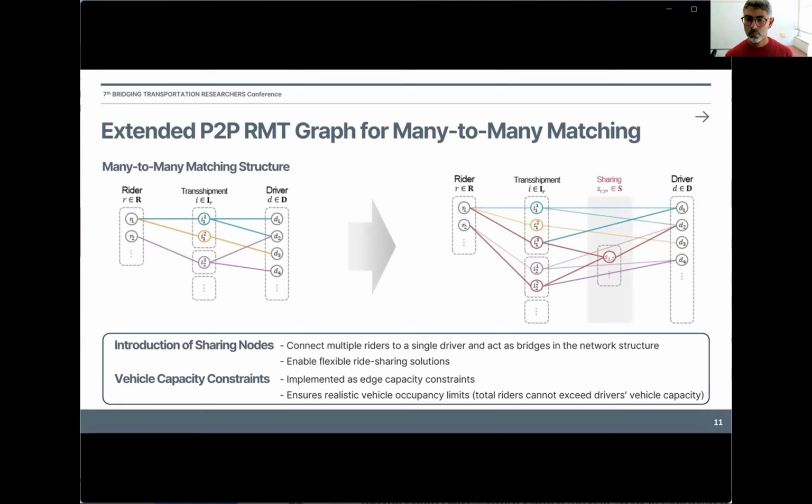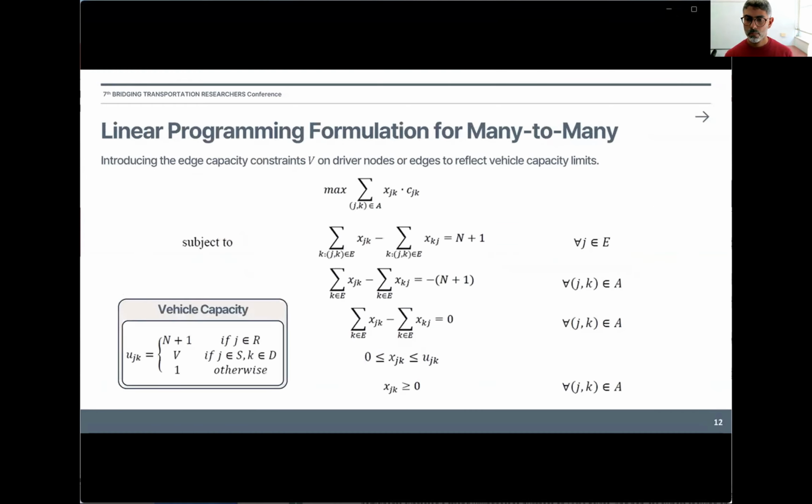These extensions allow for more efficient matching in scenarios with high demand. The linear programming formulation for many-to-many matching incorporates this capacity constraint. The objective remains to maximize cost saving, but now the constraint also ensures that the total flow into a driver does not exceed the vehicle's capacity.